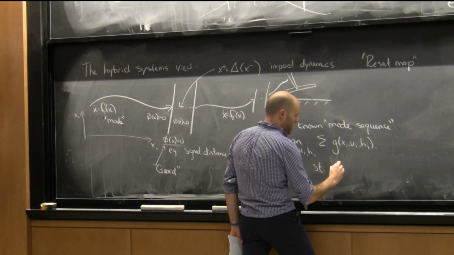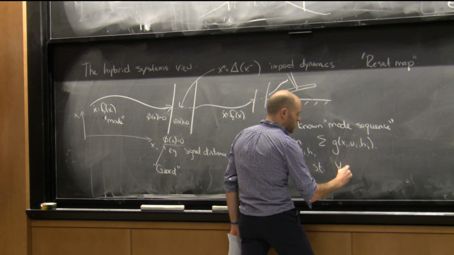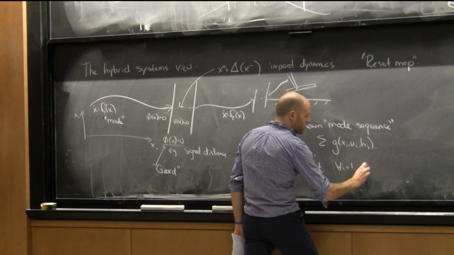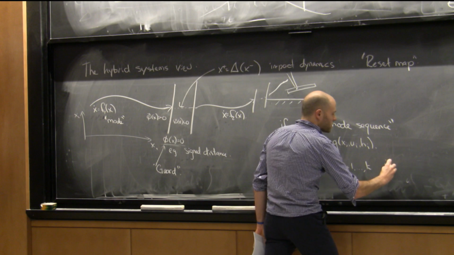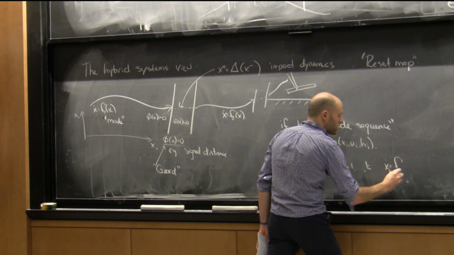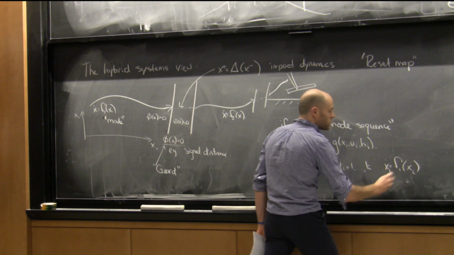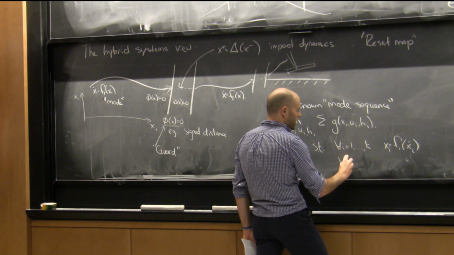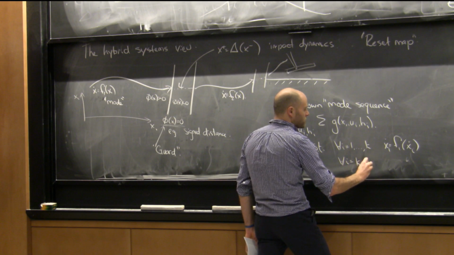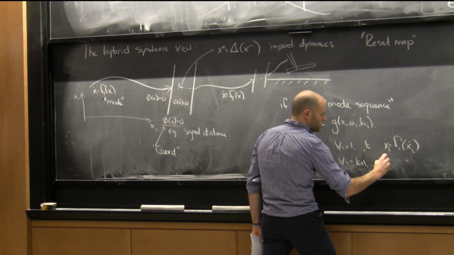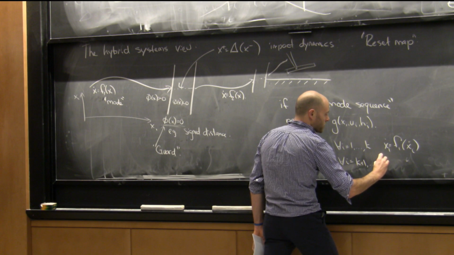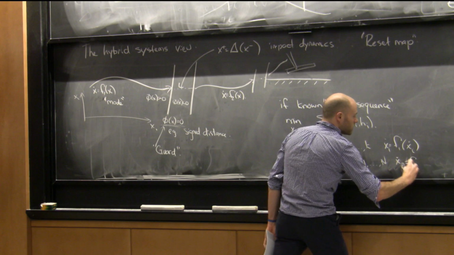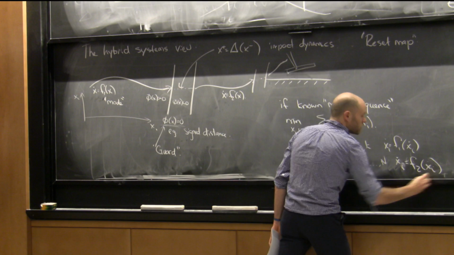Let's say for all i in 1 to k, I'd like x dot to equal f1 of xi, and then for all i from k plus 1 to some other bigger number n, xi dot equals f2 of xi.